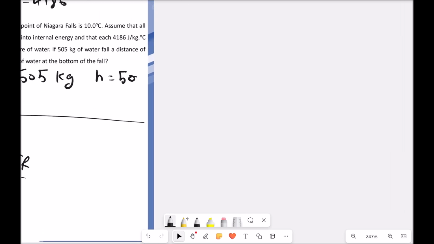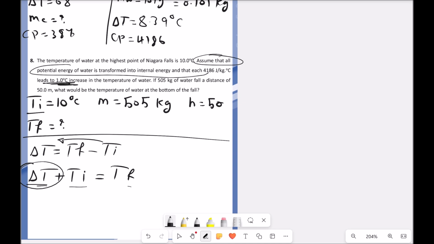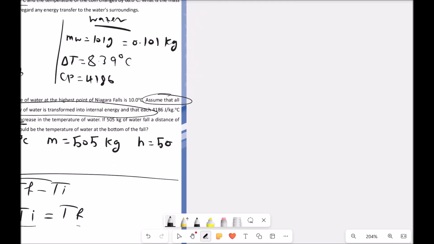Let's do this here. This is really important because it says assume that all potential energy of the water is transformed into internal energy. This means that Q, which is heat, of course it's energy, is equal to PE, which is potential energy. PE is equal to mgh.